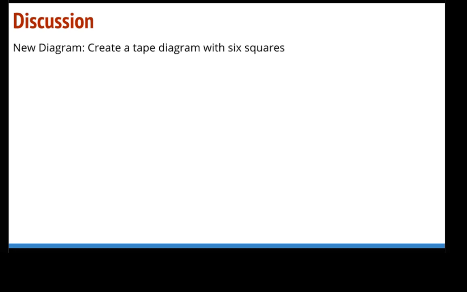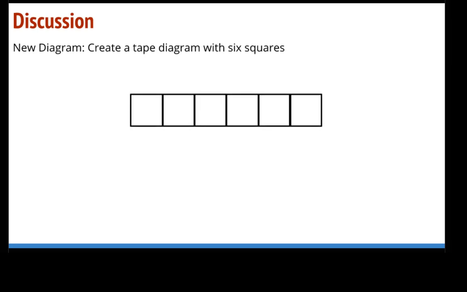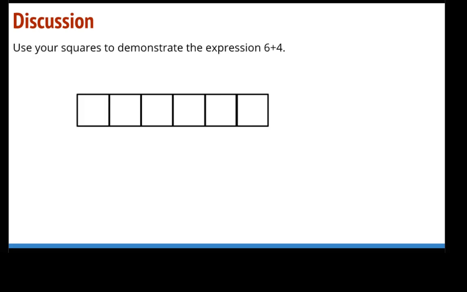So here's another one. This time create a tape diagram with 6 squares. There are the 6 squares. And now use your squares to demonstrate 6 plus 4. So we add on 4 more squares.